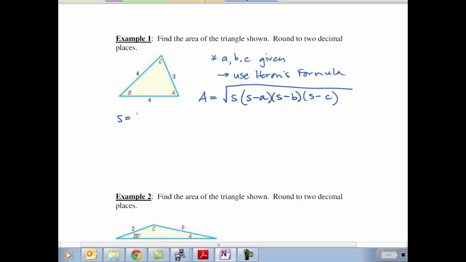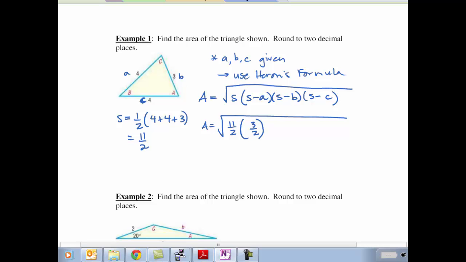So S in this case is 1/2 of 4 plus 4 plus 3. 4 plus 4 plus 3, 8, 11 halves. So we'd have A is square root of 11 halves, and then 11 halves minus, let's see, A should be opposite angle A. This should be C, this should be B. S minus A, 11 halves minus 4, that would be 3 halves.